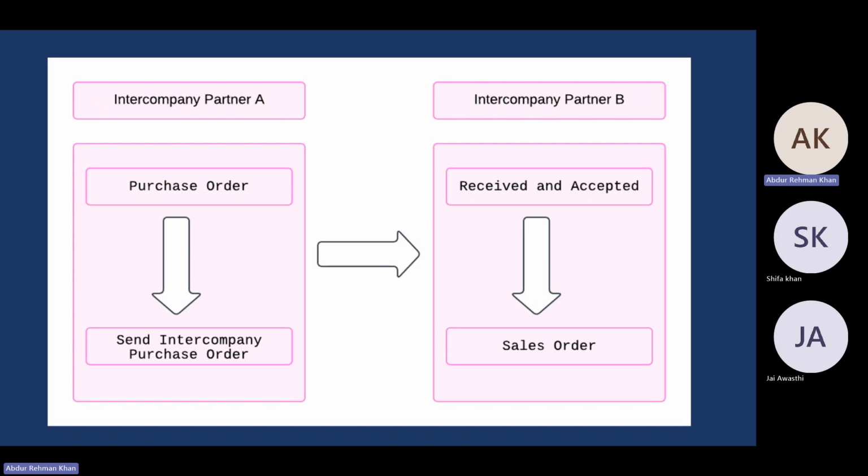So it will be directly received and accepted in entity B, and a sales order will be created. So this reduces our time, our effort, and also the chances of any error.